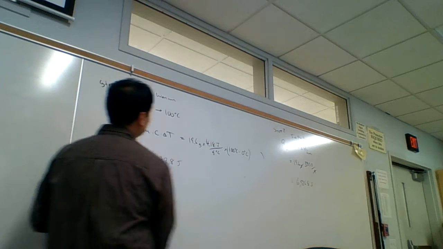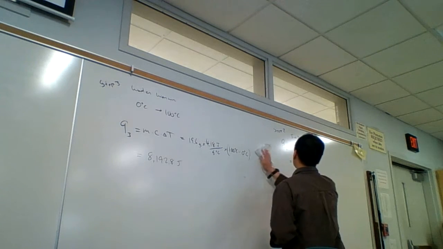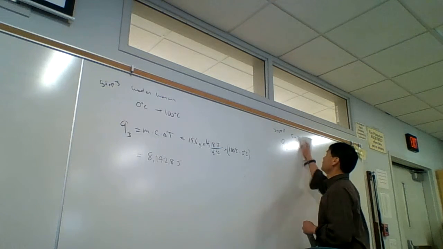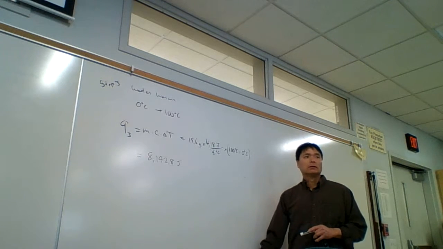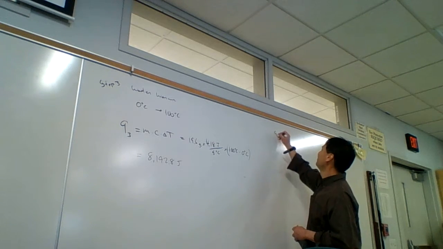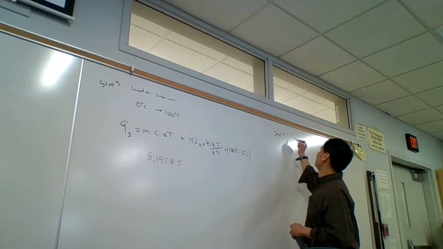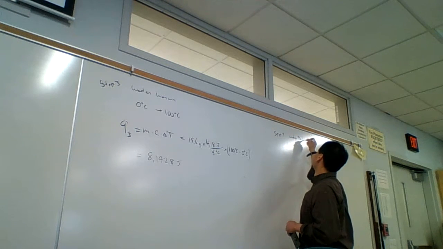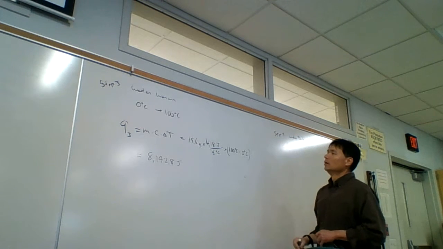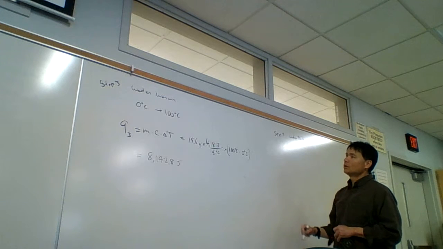So once we warm up the water to 100 degrees C, if we continue adding heat, the heat is not going to make the water hotter. You know what the heat's going to do? It's going to boil it. And so step 4, the water boils. And so what equation do we use?